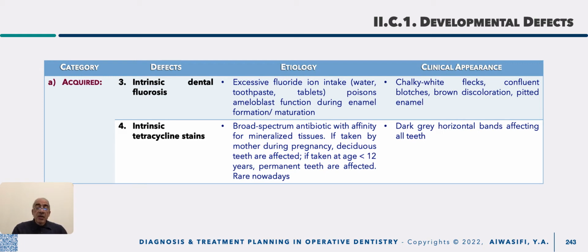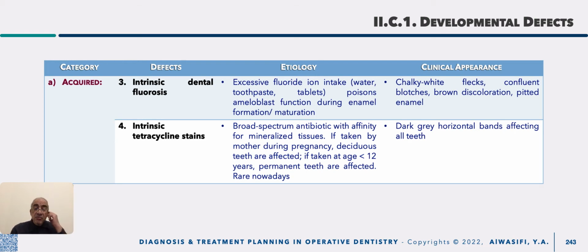So it is a state of poisoning of ameloblasts due to fluoride. At the same time, fluoride is a competitive inhibitor of calcium deposition, and it takes place instead of calcium. It's the same as the intrinsic tetracycline stains.